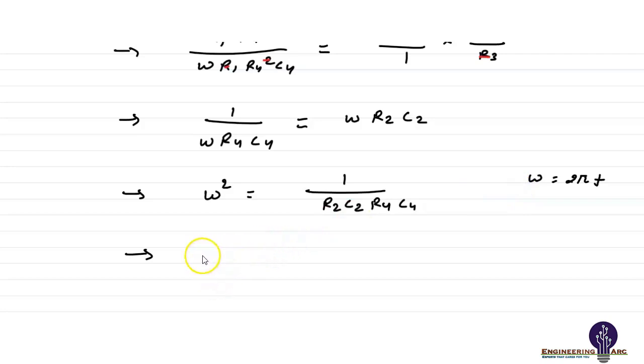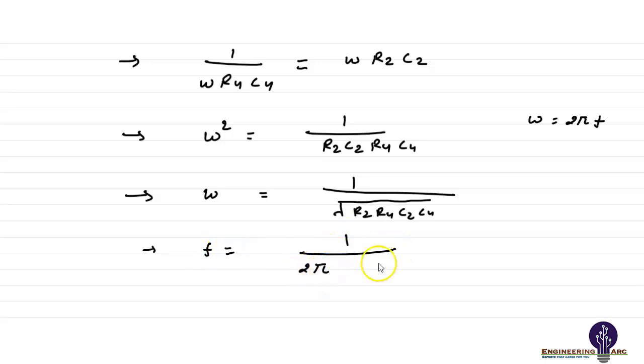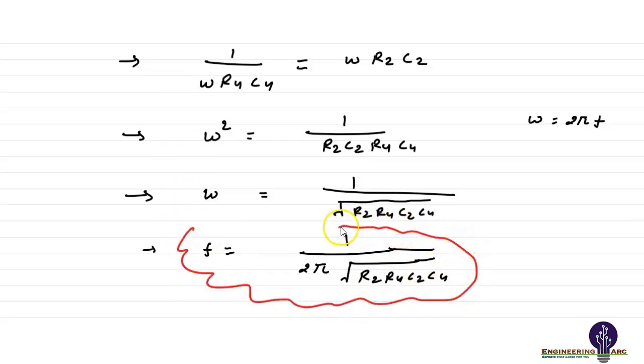Then omega equals 1 upon square root of R2 R4 C2 C4, and omega equals 2 pi f. Then f equals 1 upon 2 pi square root of R2 R4 C2 C4. Okay, so this is the resultant answer, the frequency of the system.